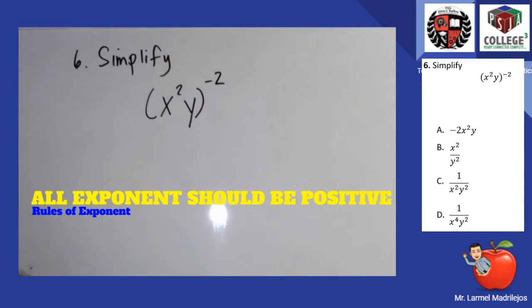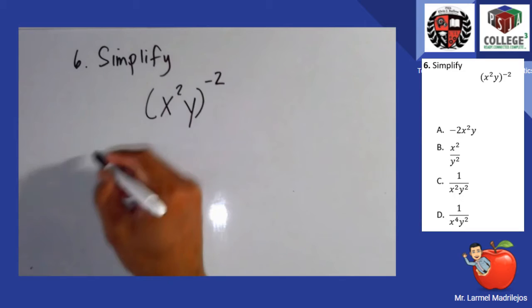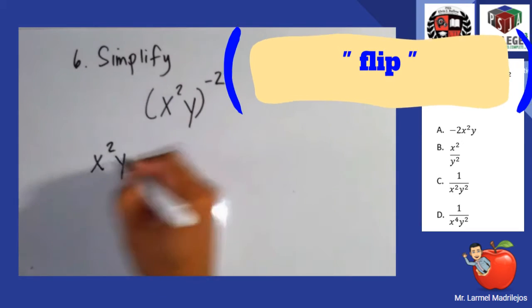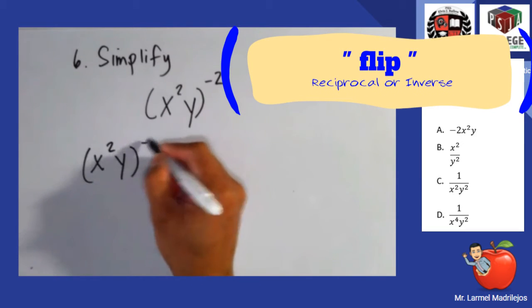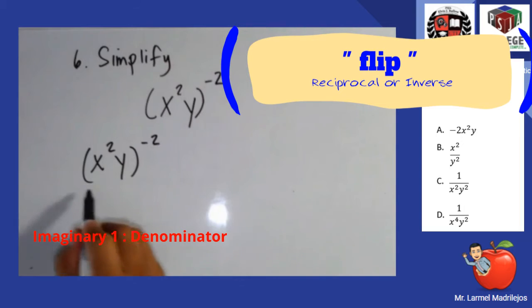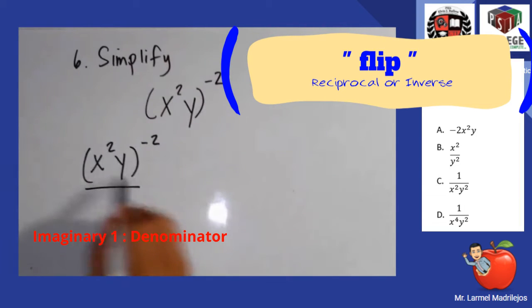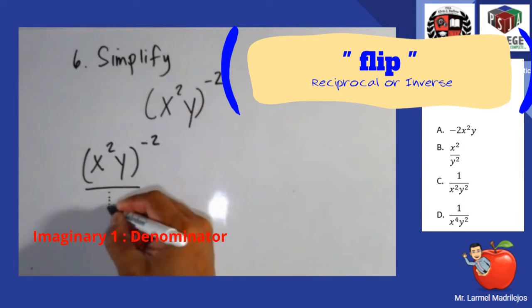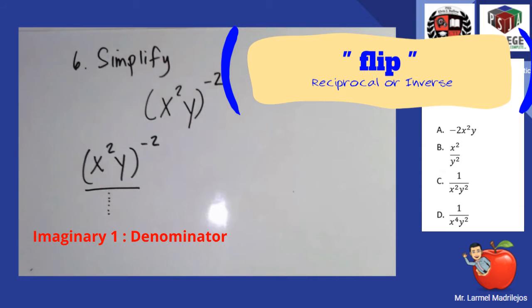So what we can do right now is take the reciprocal. Okay, let me rewrite that. In mathematics, if you don't see a denominator, it means an imaginary one. There's a denominator there, but it's imaginary.